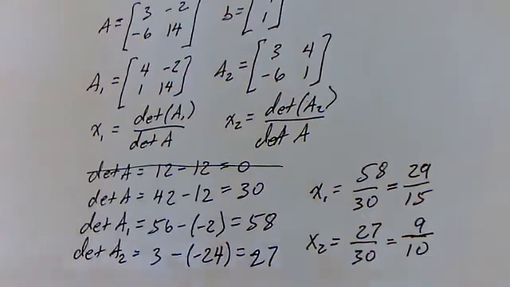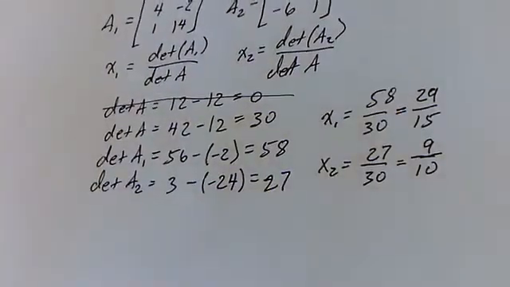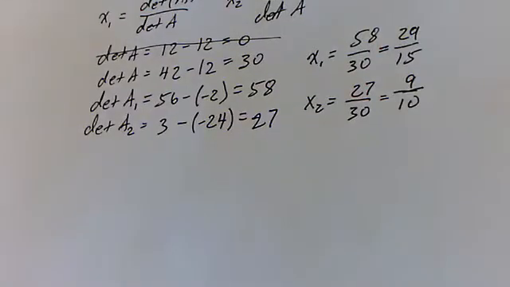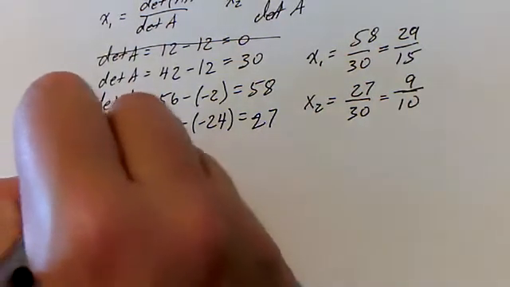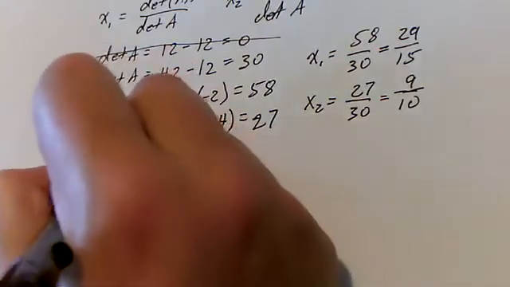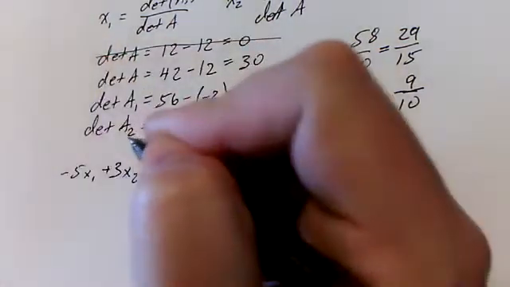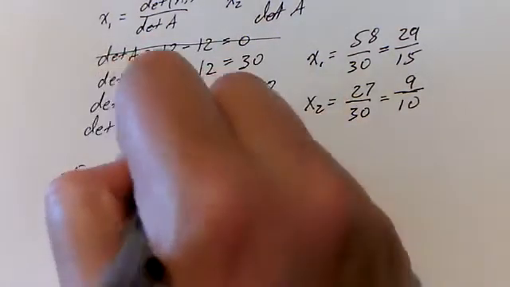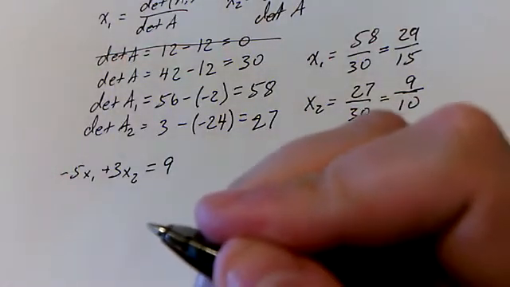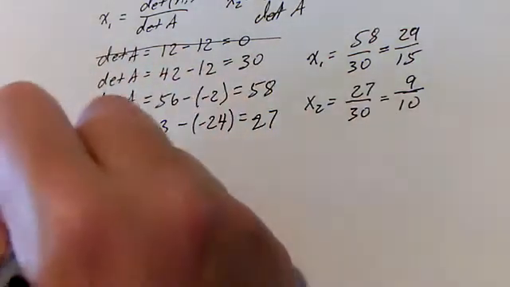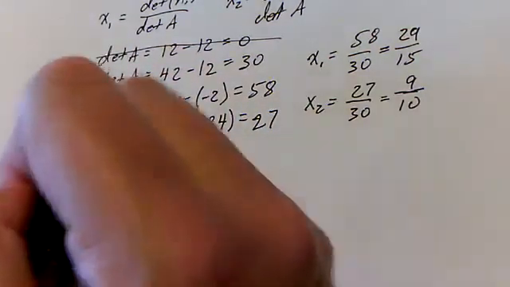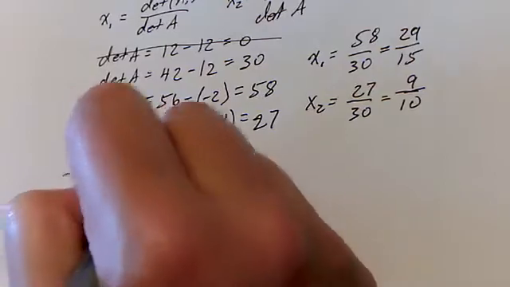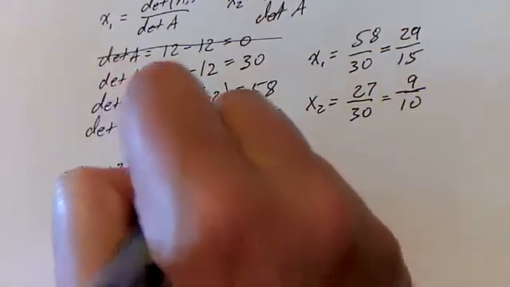Okay, so let's do one more with Cramer's rule. Then we're going to talk about some geometric relationships. So I've got negative 5x1 plus 3x2 is equal to 9. I said one more 2 by 2, and then we'll do one 3 by 3 as well. And then I have 3x1 minus x2 is equal to negative 5.